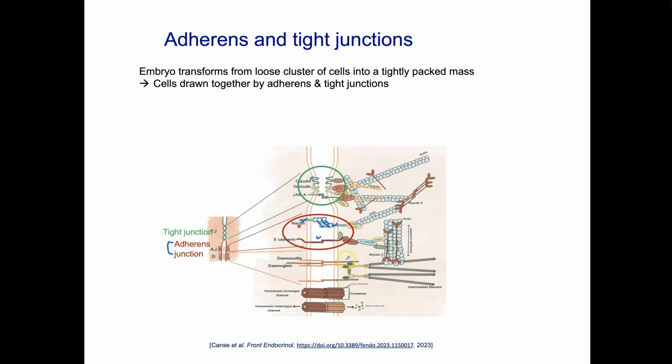This kind of junction is important for holding cells together, and it can be found in multiple locations along a cell. But it's not watertight, so water molecules can move through here and around here. And so what's really needed in order for cavitation to happen is you need to have tight junctions.